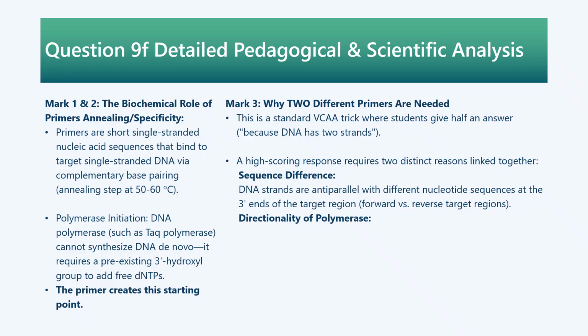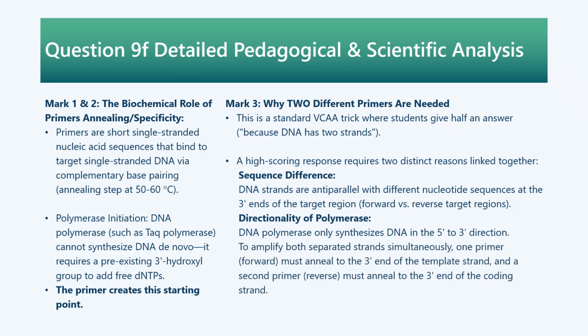Directionality of polymerase: DNA polymerase only synthesizes DNA in the 5' to 3' direction. To amplify both separated strands simultaneously, one primer, forward, must anneal to the 3' end of the template strand, and a second primer, reverse, must anneal to the 3' end of the coding strand.